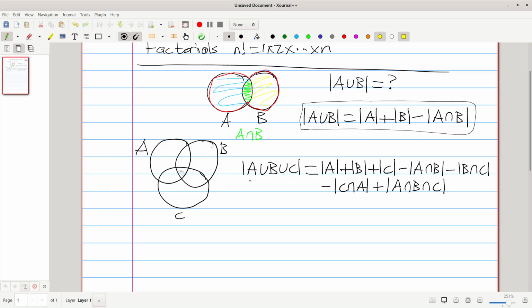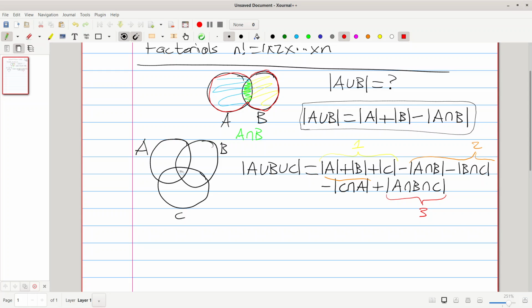If I want to know how many elements there are in the union of 2 or 3 or more sets, I first add together all the cases of just one set at a time, and then I subtract all the cases of 2 sets at a time, and then I add together again the intersection of 3 sets at a time.